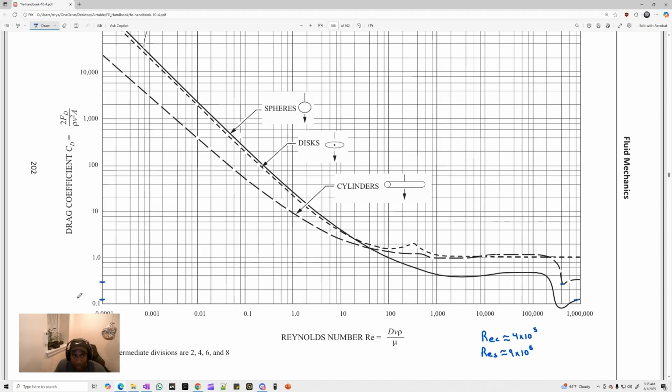Okay, now we just have to interpret what that drag coefficient is. And one thing I forgot to mention was this drag coefficient is very similar to the friction factor from the Moody diagram. So if I go ahead and write down that equation for the head loss, it's f L over D times V squared over 2g. And I like drawing these analogies. It helps me remember some of the information better.